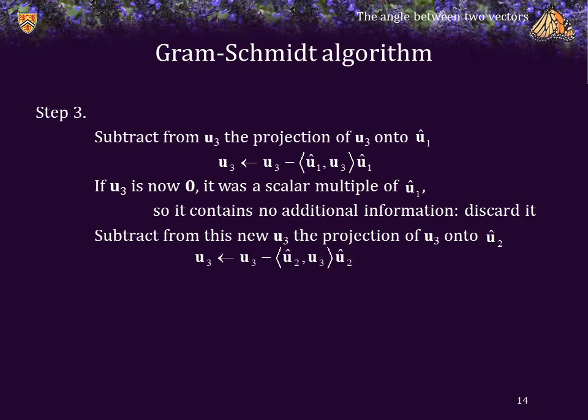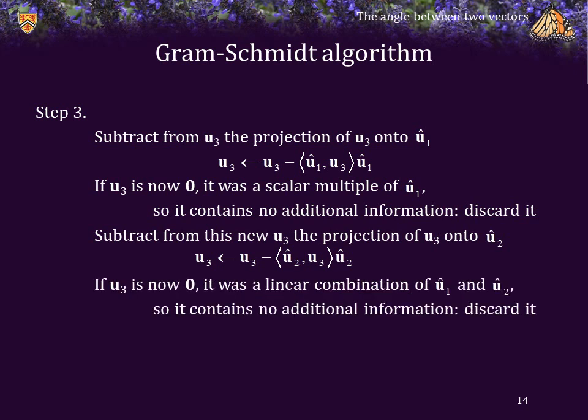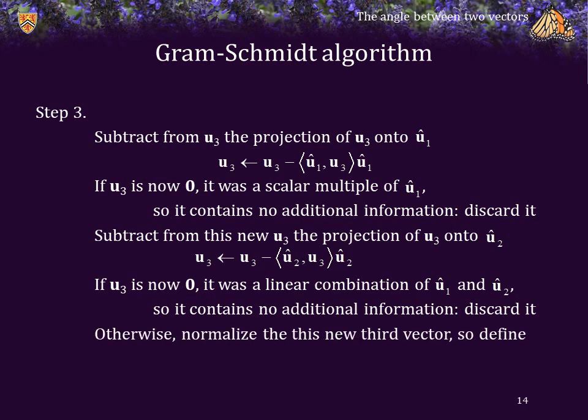So u3 is once again replaced by the new value of u3 minus its projection onto u2. Now if at this point u3 is the 0 vector, then it was actually a linear combination of u1 and u2, and therefore it contains no new information. Discard it.